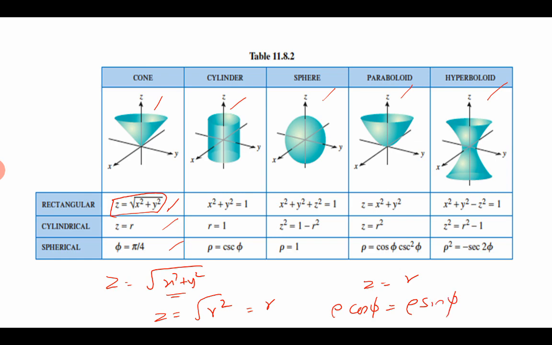When you divide by rho cosine phi, you will get 1 is equal to tan phi. You will find that phi is pi by 4. So from one coordinate system to another we can move. If you know one equation, from the given known equation we can find the other two coordinate systems. You can go through this page and check other results as well.